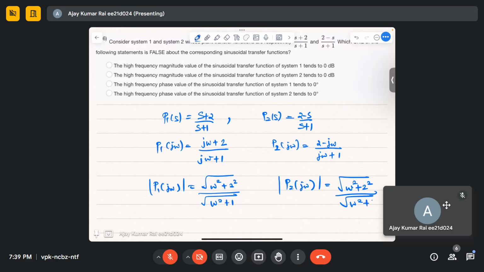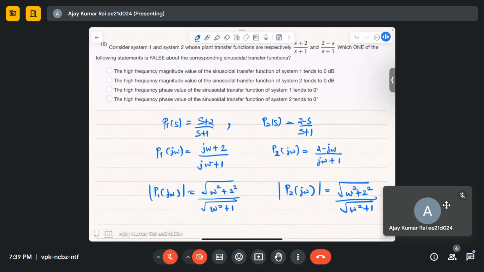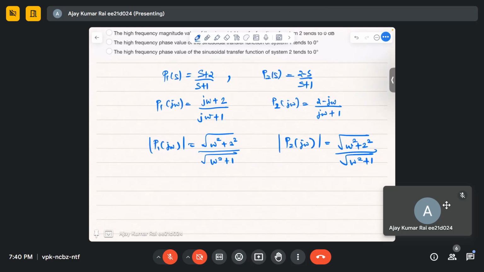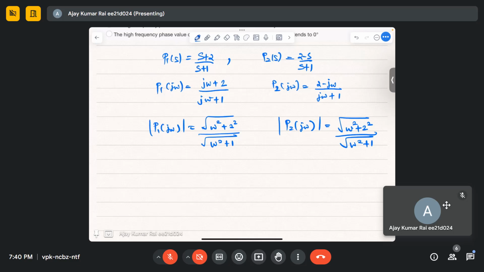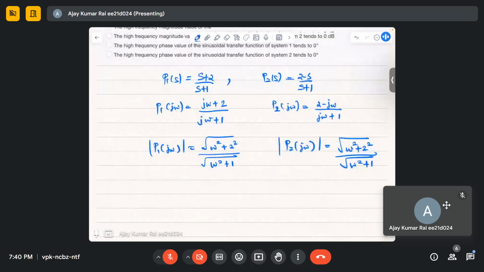And what we have to find out is the high frequency magnitude value. If you find the high frequency magnitude of any of the transfer functions, both will be the same, because the low frequency and high frequency magnitude of both the transfer functions are the same. So let's find out. You have to find it in dB.